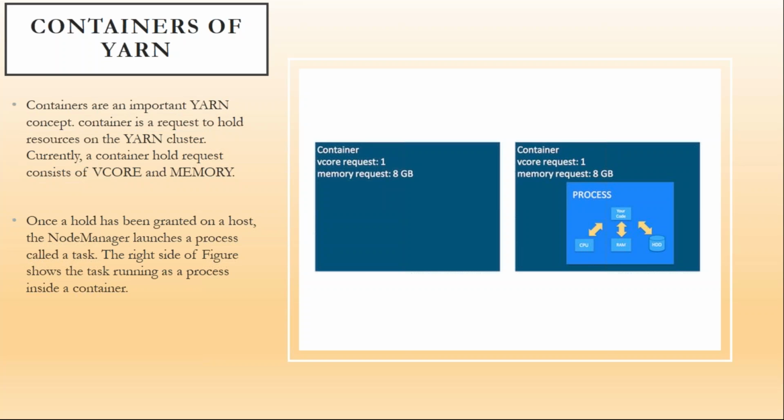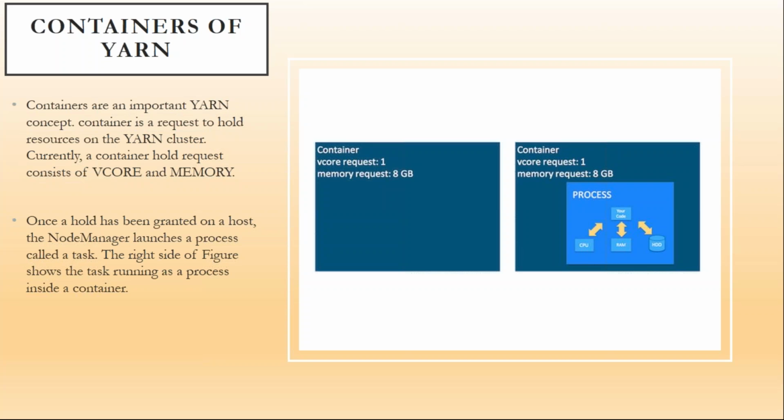Now let's talk about the theory of it. Containers are an important Yarn concept. A container is nothing but a request to hold resources on a Yarn cluster. Currently a container hold request consists of a virtual core and memory.